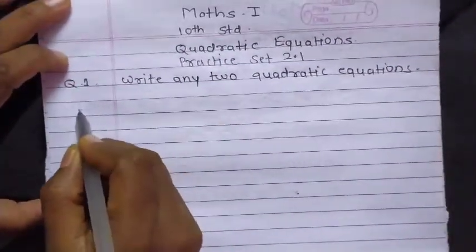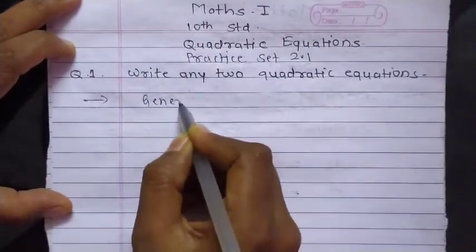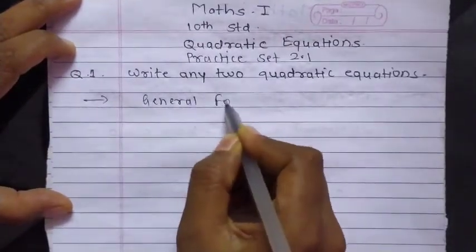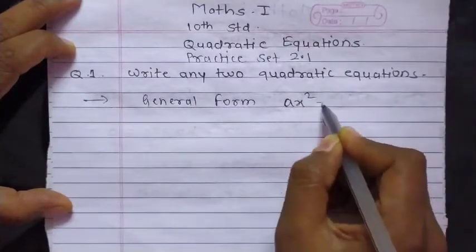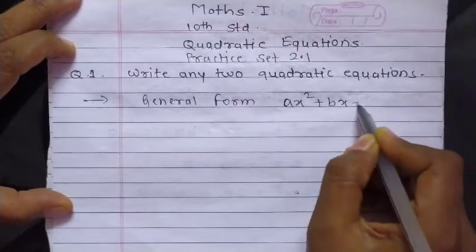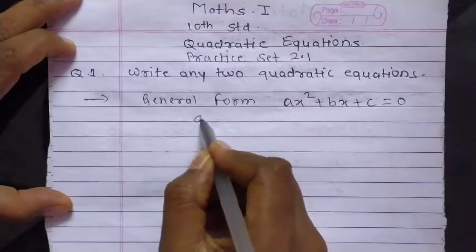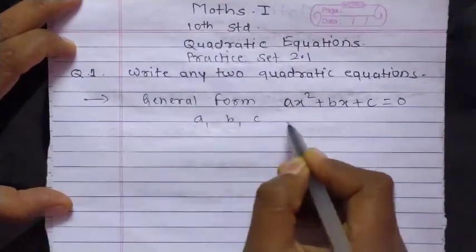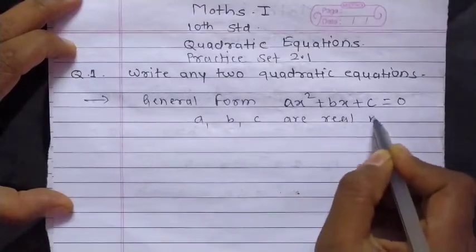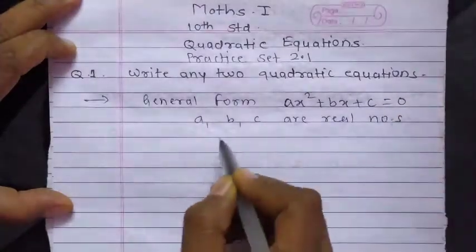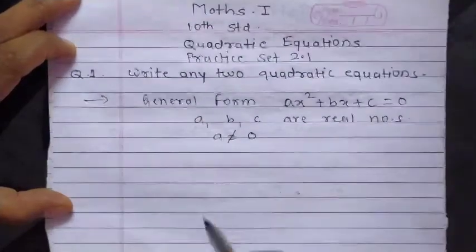We know the general form of a quadratic equation is ax square plus bx plus c equal to 0, where a, b and c are real numbers and a is not equal to 0.